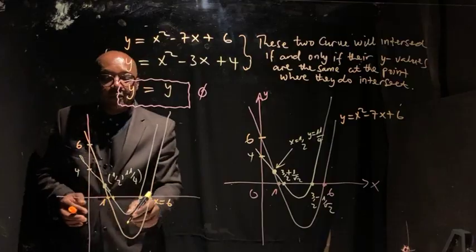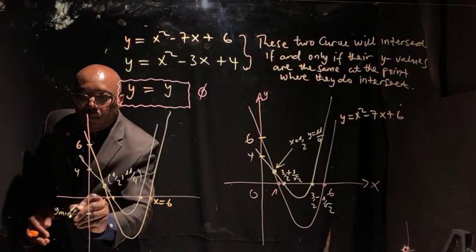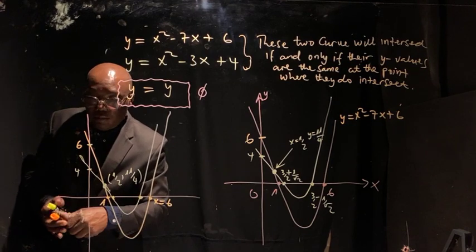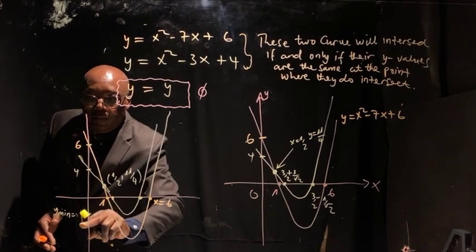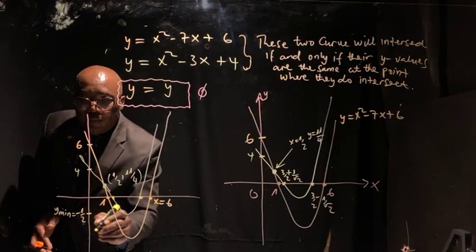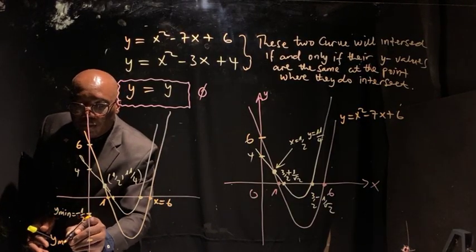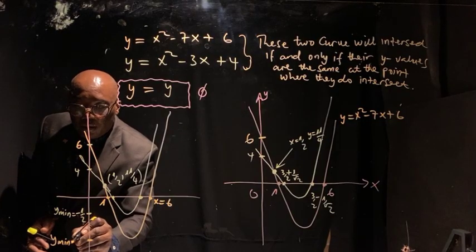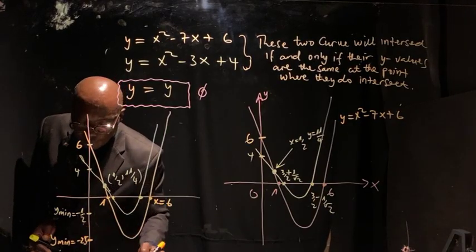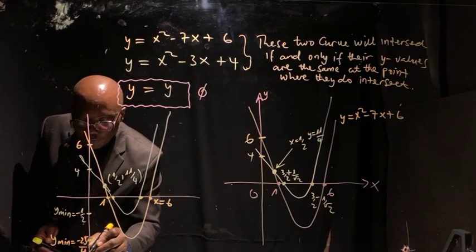minus half, and this is y minimum equal to minus half, and this y minimum is minus 25 over 4.